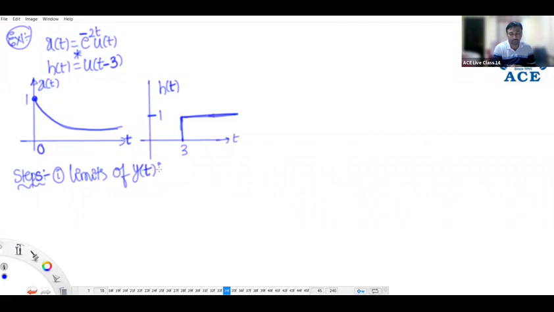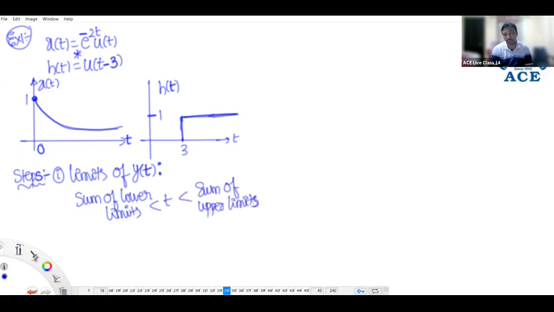Without doing convolution, we are in a position to observe for what time the resultant output is defined. That is based on a thumb rule. What is that thumb rule? Sum of lower limits less than t less than sum of upper limits.